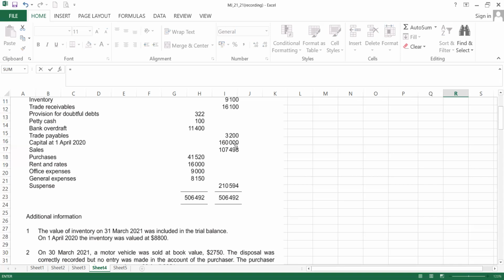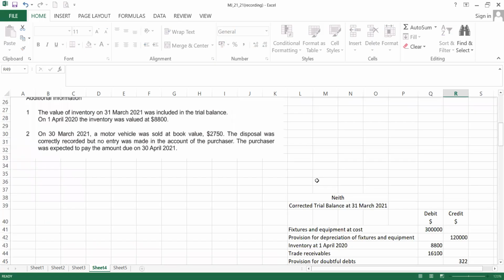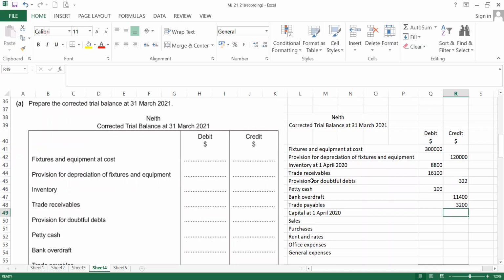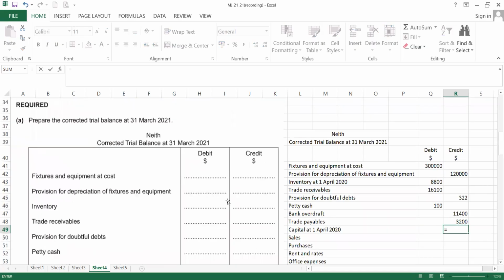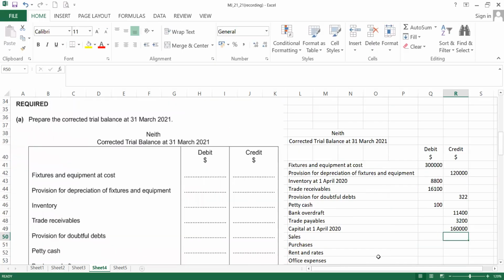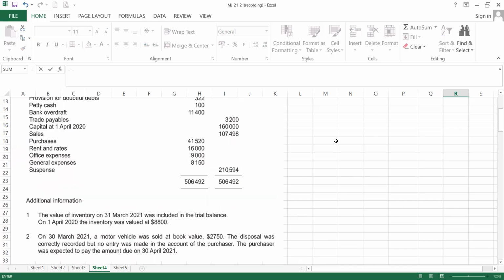So this one is 3200. Now next is capital. Capital must always be on the credit side. So capital 16000. And then next is sales. Sales is a revenue. Revenue is on the credit side. So 498.